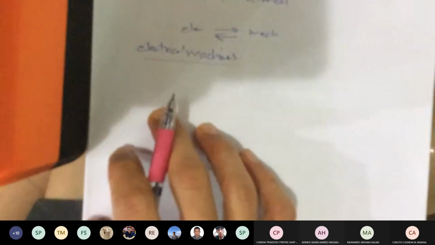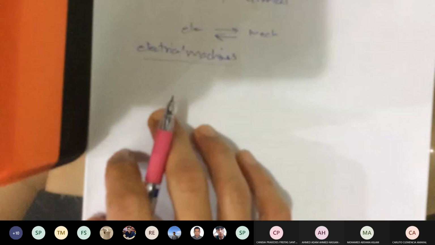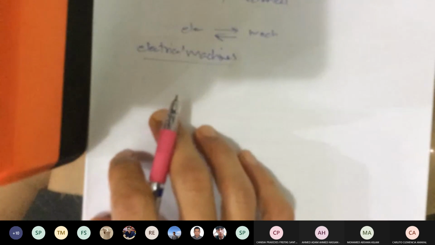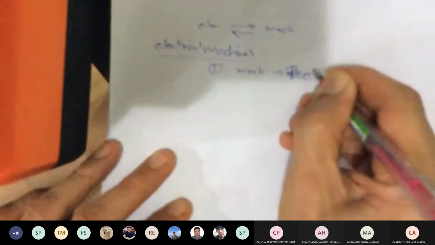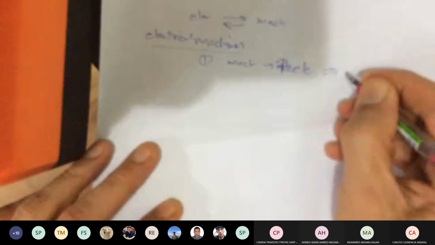So what is an electrical machine? It belongs to two broad families. It's a machine that relies on this conversion between electrical and mechanical. Number one, if we convert from mechanical into electrical, this is called a generator.